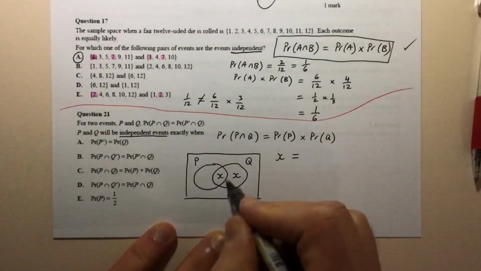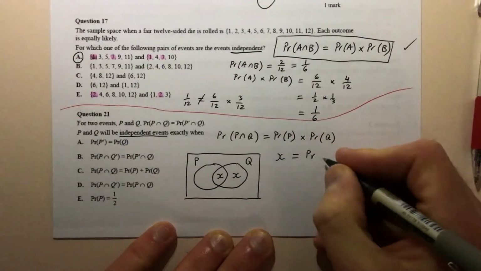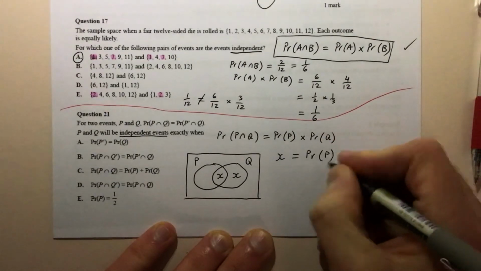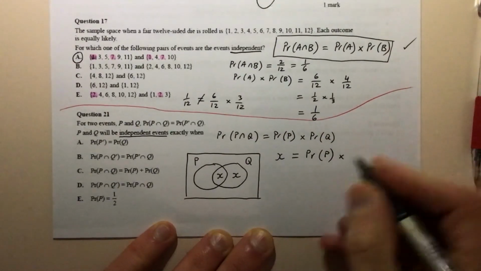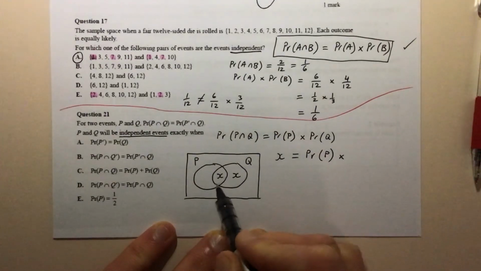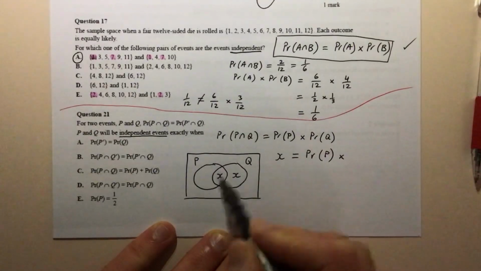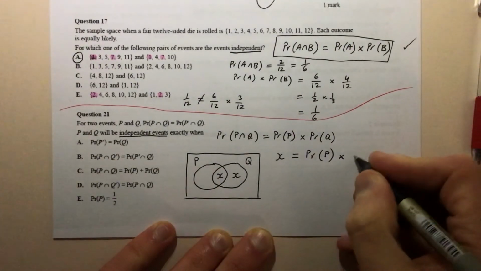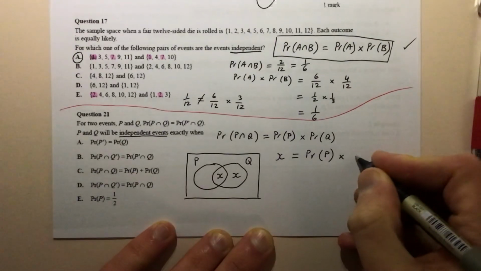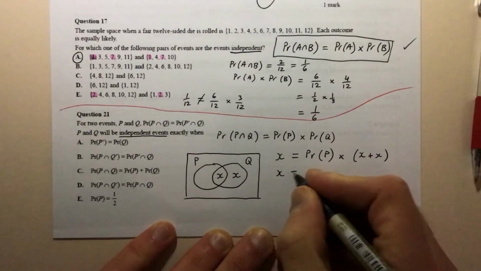I don't have all the information about the probability of P, so I'm just going to write this as P(P) still. But the probability of Q from this diagram would just be X plus X, right? It's all the probabilities that are inside the Q circle. And of course, X plus X is really just 2X.